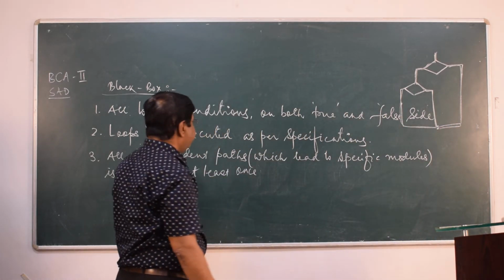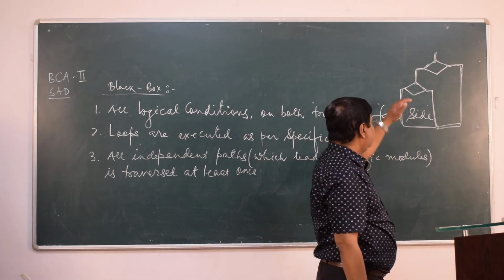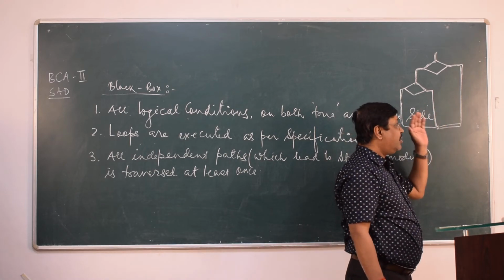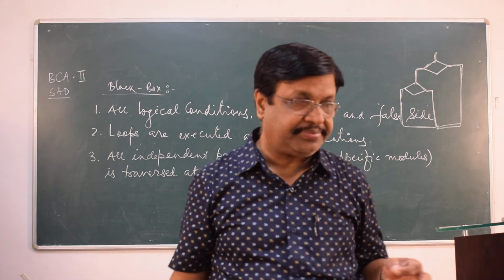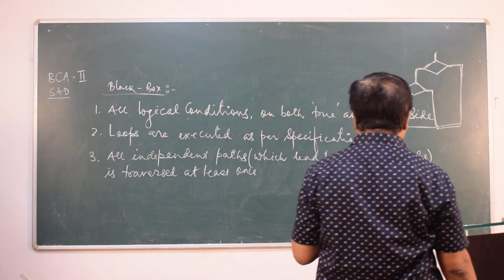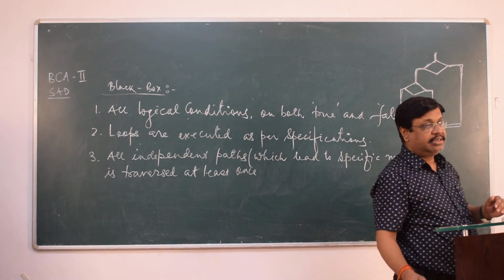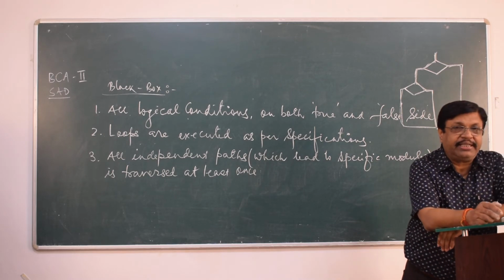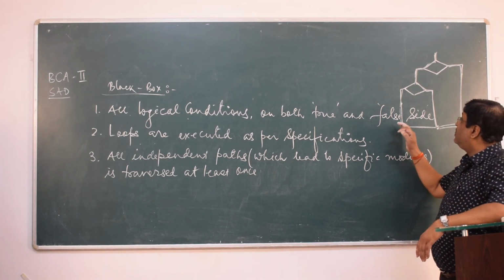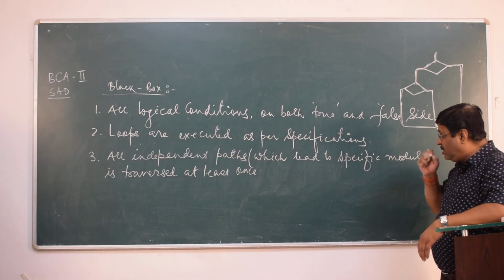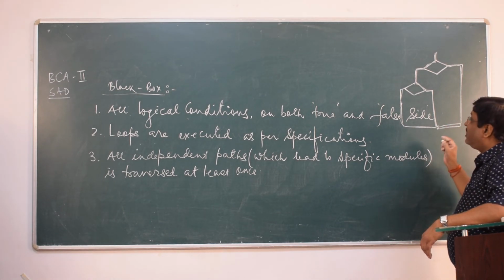This statement says that we have to check whether the software executes all the independent paths at least once in its entire life cycle. And say if a path is not traversed at least once throughout its life cycle, it means that path is unnecessary.